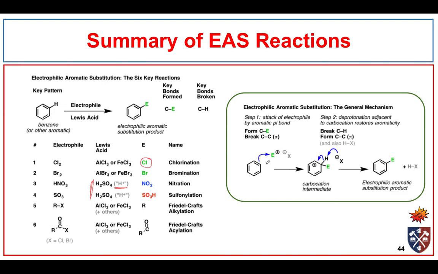Once it's generated, we just react our pi system with the electrophile to form a carbocation intermediate, the sigma complex, and then something comes along and pulls the proton off of the sp3 hybridized carbon, and we get a rearrangement of those electrons to rearomatize and form our substituted compound.